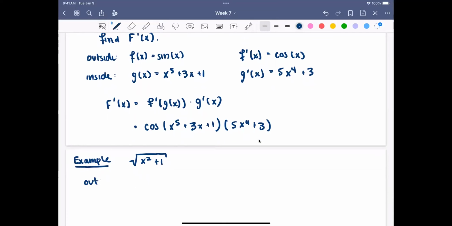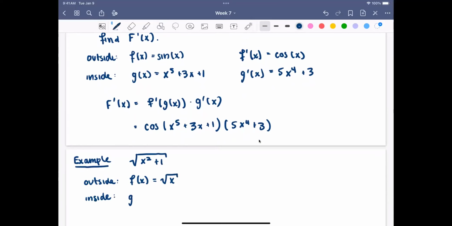So we'll have an outside function and an inside function. So what should the outside function be? Yeah, so we'll just set that equal to f of x equal to square root of x. And then what about the inside function? Oh, sorry. That will be the derivative, yeah.